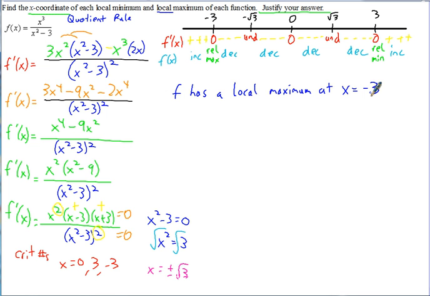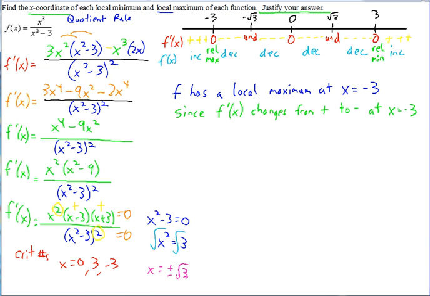And then to justify, well, the reason why we knew that was the case is since, now you might be interested in saying since f of x changes from increasing to decreasing, but that's not going to be acceptable as a justification. You have to refer to the first derivative. So since f prime of x changes from positive, you can use that abbreviation for positive, to negative, and then refer where that happens, specifically at x equals negative 3.